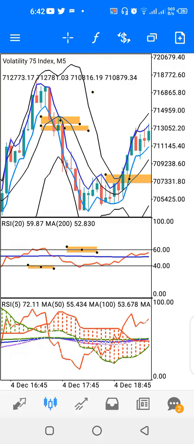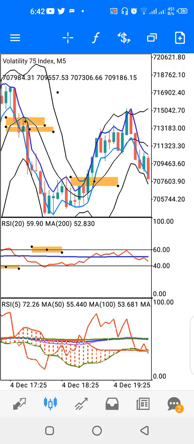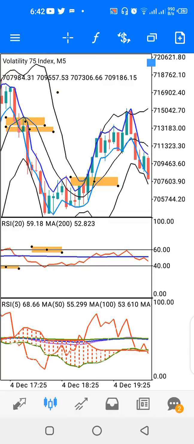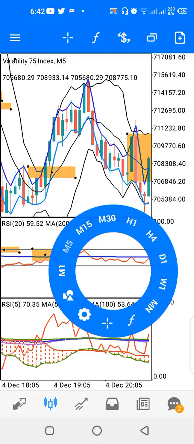Then there's the red RSI line. Now you have a blue line, which is your 200 moving average. Whenever the red line crosses above the blue line, you have a buy signal. Whenever it crosses below, you have a sell signal.